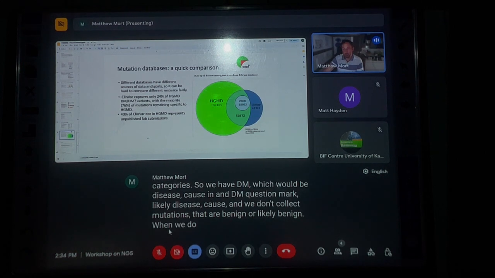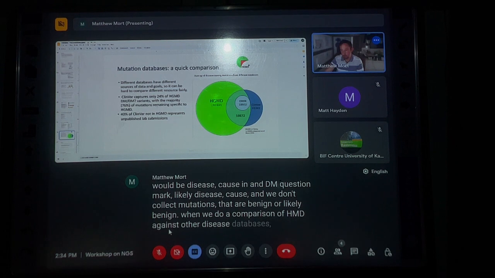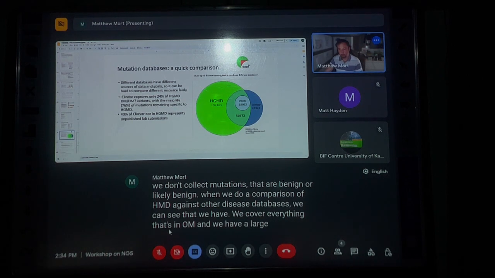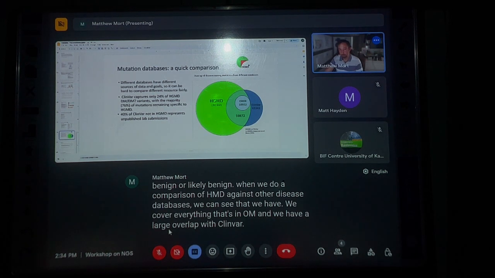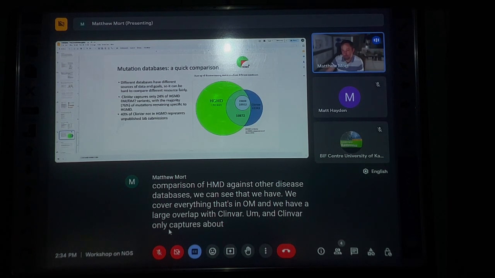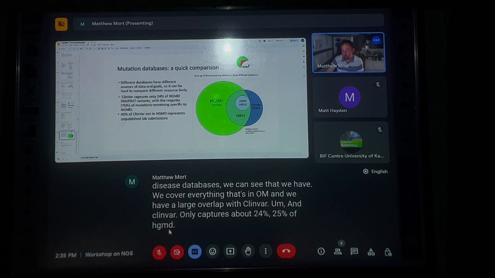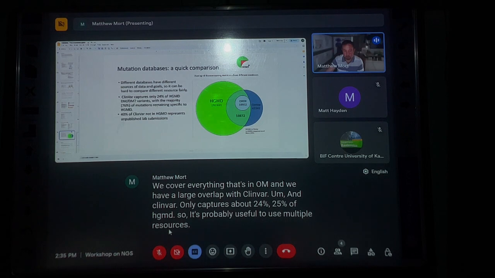When we do a comparison of HGMD against other disease databases, we can see that we cover everything that's in OMIM, and we have a large overlap with ClinVar. And ClinVar only captures about 24 to 25% of HGMD. So it's probably useful to use multiple resources so you've got full coverage.